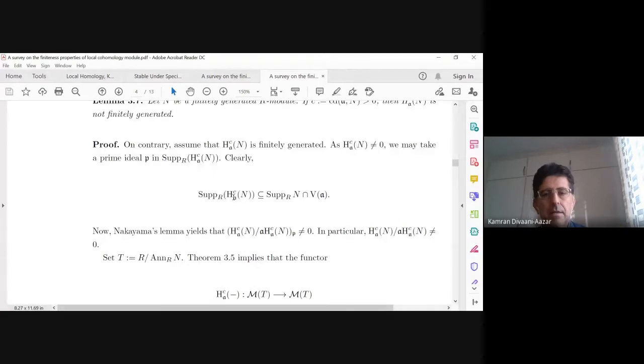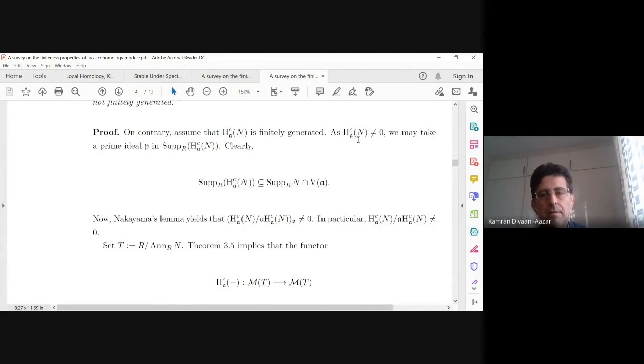It is clear that the support of the local cohomology modules of N with respect to A is contained in the support of N, and also is contained in V(A). So it is contained in the intersection of these two sets. So we assume that this local cohomology is finitely generated. Now using Nakayama's lemma yields that the localization of this quotient at P is not zero.